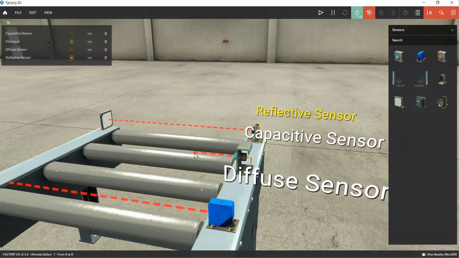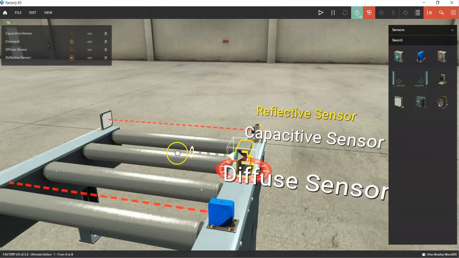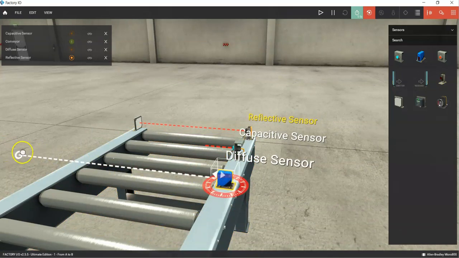This is actually the maximum sensing distance for this device. So if I click on it to activate it, I can see that I can adjust its sensing distance. But this is as far as it goes, just a matter of a few inches out from the sensor. Whereas our light sensors have the ability to go further out as well as dial it back in.